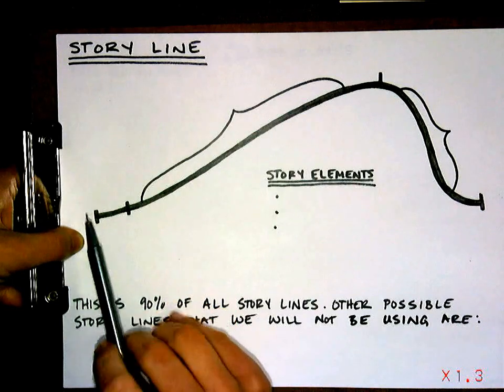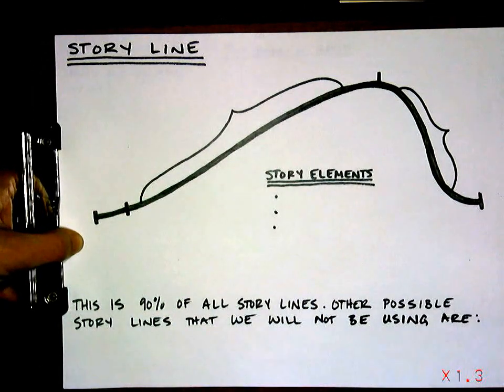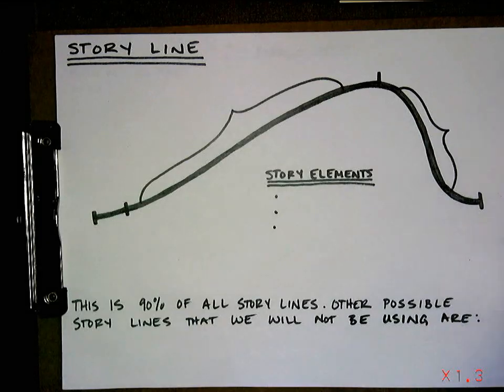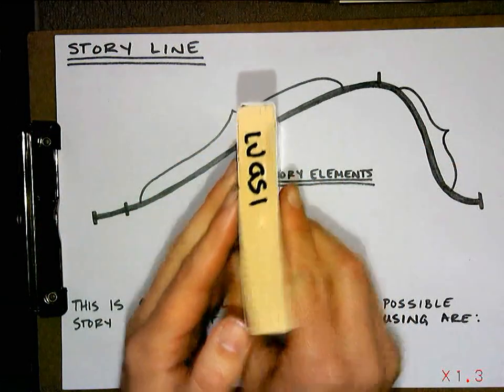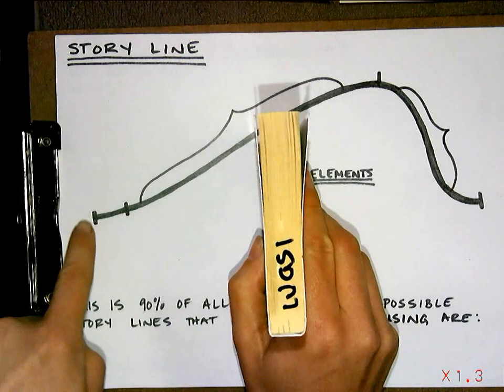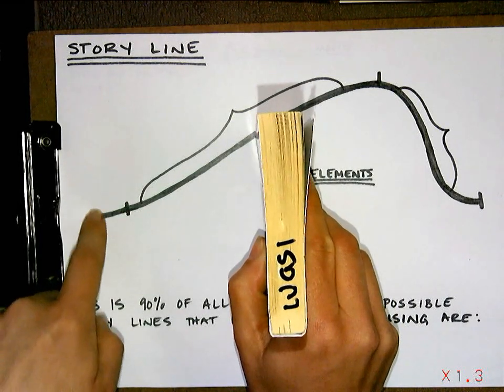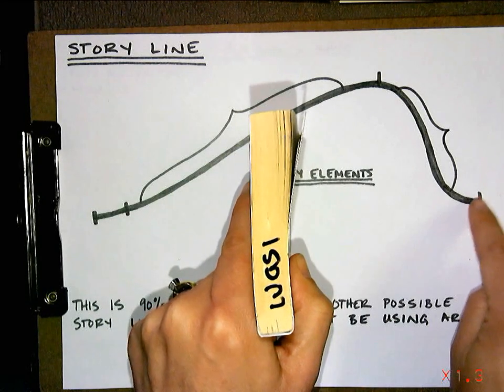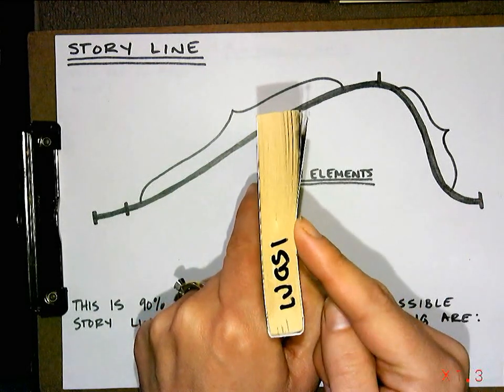The first part, what we've got here, is an outline of a story element. If you were to take a book, this part of the storyline means the front cover of the book, and this part means the back cover of the book.